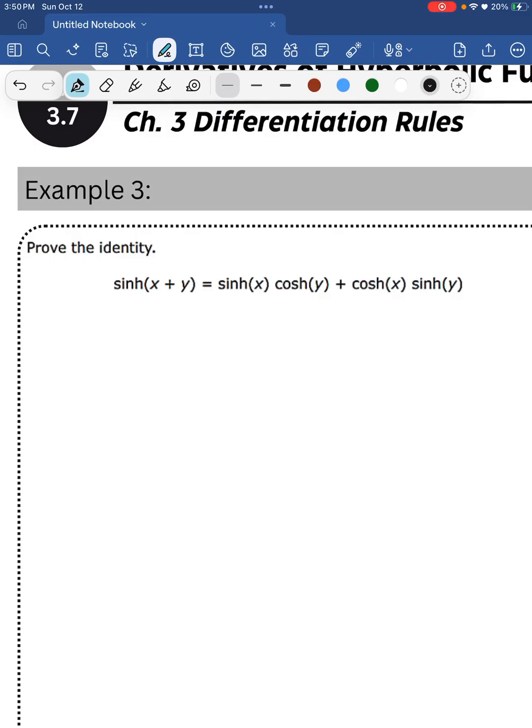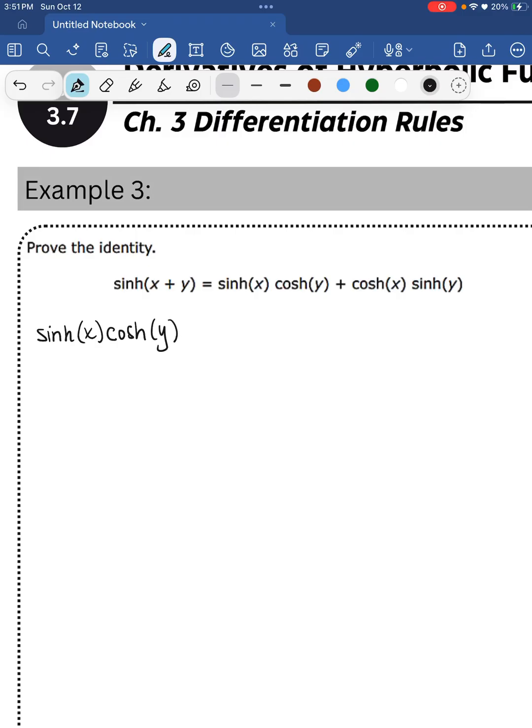Then we distribute negative e to the negative x times e to the y, which would put us at negative e to the negative x plus y.